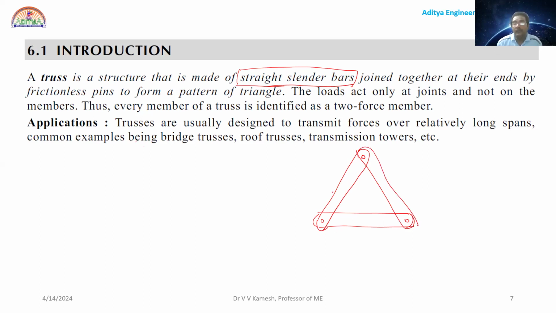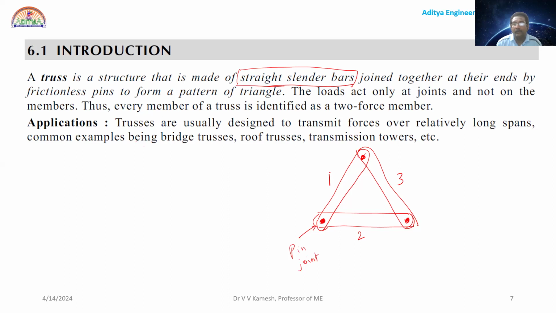Here I am joining these 1, 2, and 3 by 3 pins. Here I am taking one pin, here another pin, here a third pin. Here the pin means a pin joint.